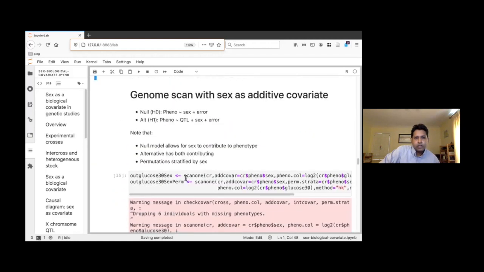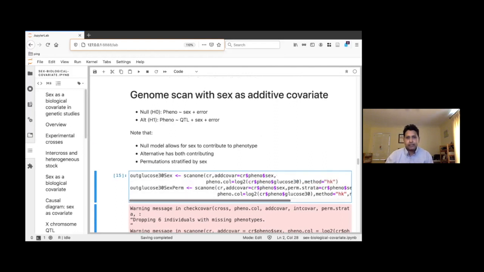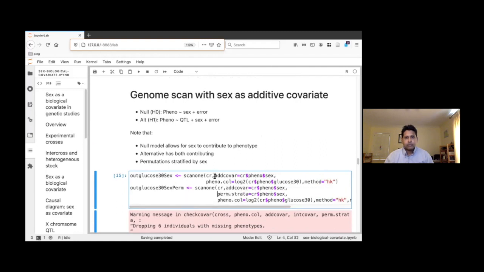To do that in Qtl, it is very straightforward. You just have to specify that there is an additive covariate called sex, and the null model is saying that the phenotype can depend on sex plus an error, and under the alternative, when there is a Qtl, the phenotype depends on Qtl as well as sex in an additive manner.